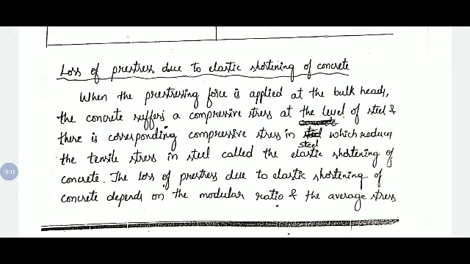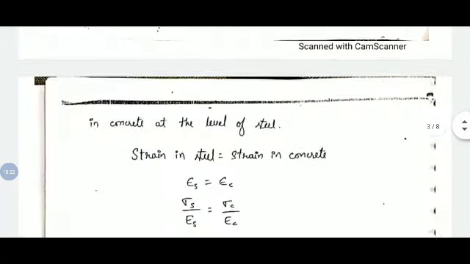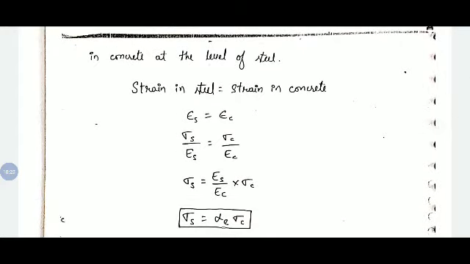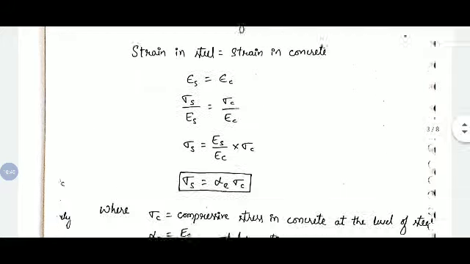So this is loss due to elastic shortening. For this we have a formula to calculate it: strain in steel is equal to strain in concrete. So sigma s equals the modular ratio of steel and concrete, times the stress in concrete.